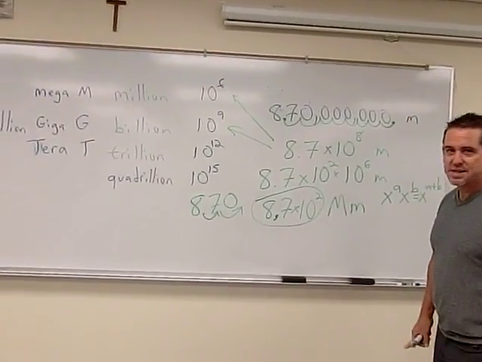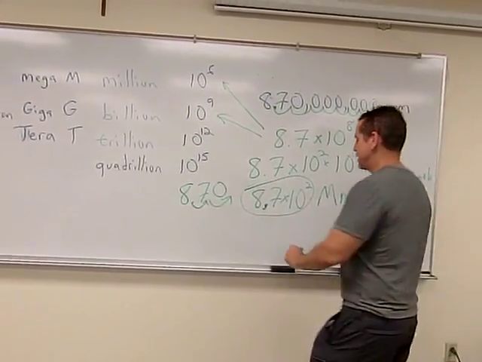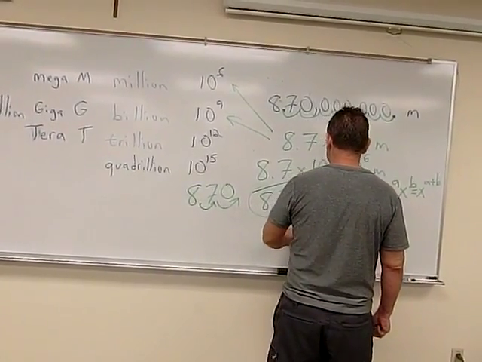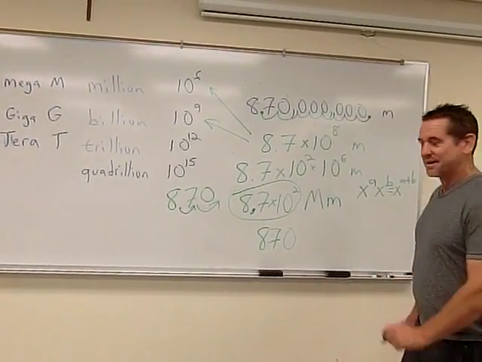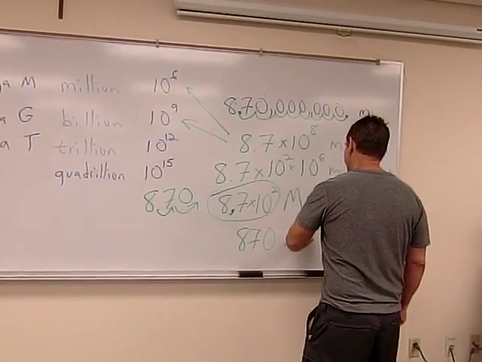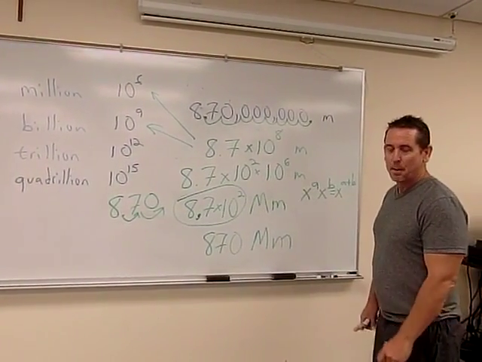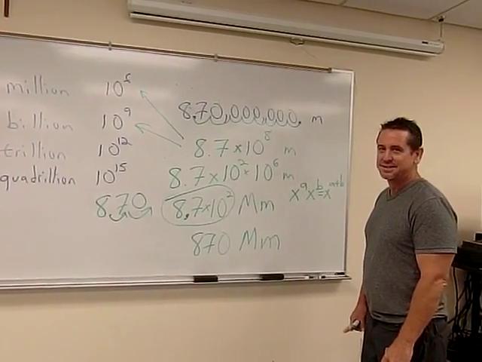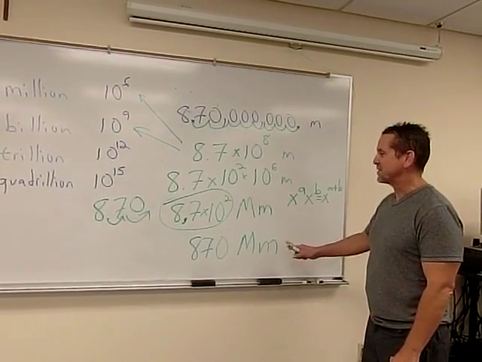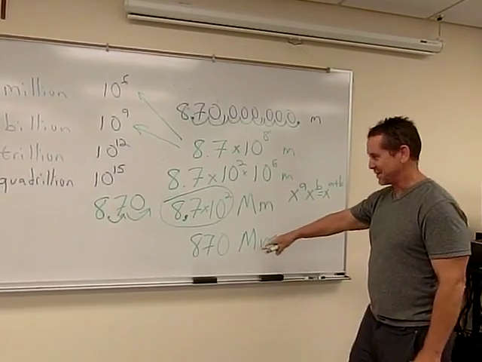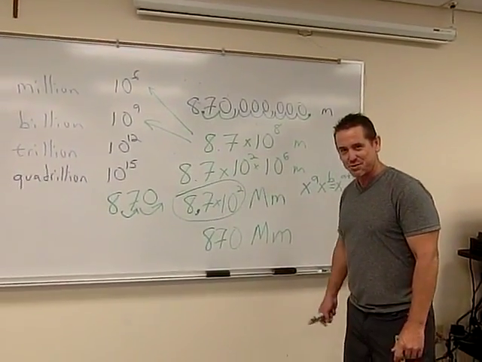So 8.7 times 10 to the 2 is 870. And so we can say that guy is 870 megameters. Okay? Which sounds better, it rolls off the tongue better than 8.7 times 10 to the 2 megameters.